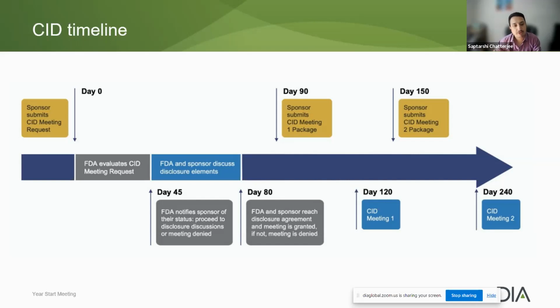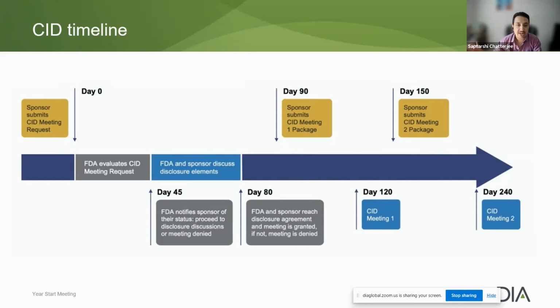Then there is a window of 45 days when FDA evaluates the CID meeting request, and around day 45, FDA notifies the sponsor about their status, whether they proceed to the disclosure discussions, or otherwise the meeting would be denied. Then there is up to an 80-day period where the FDA and sponsor discuss the disclosure elements. On day 80, they reach an agreement on the disclosure and the meeting is granted.